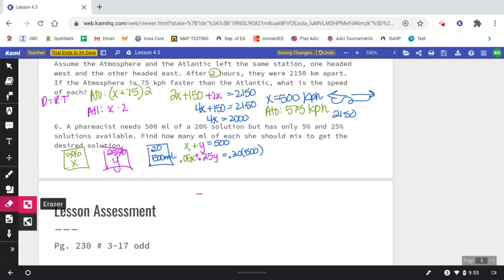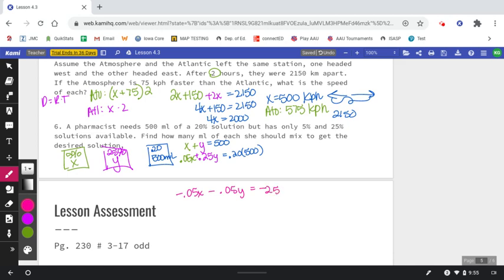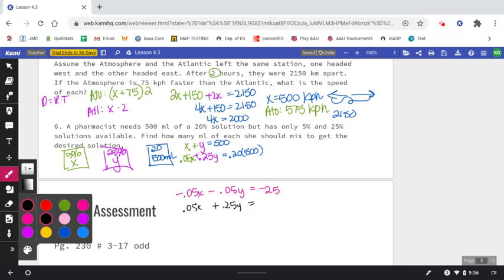I'm going to multiply it by negative 0.05, so negative 0.05X minus 0.05Y equals 0.05 times 500, negative 25. And then my bottom equation will stay as 0.05x plus 0.25y equals 0.20 times 500, which is 100.